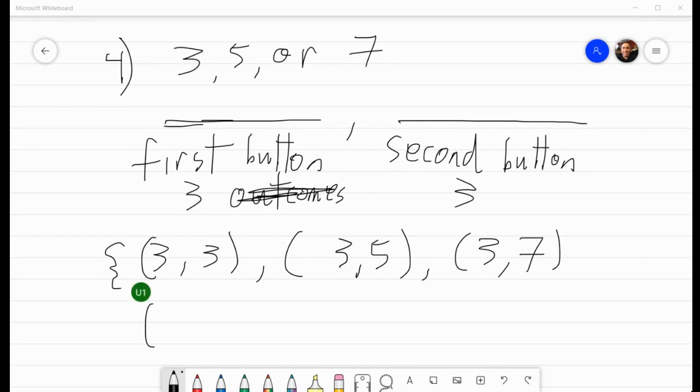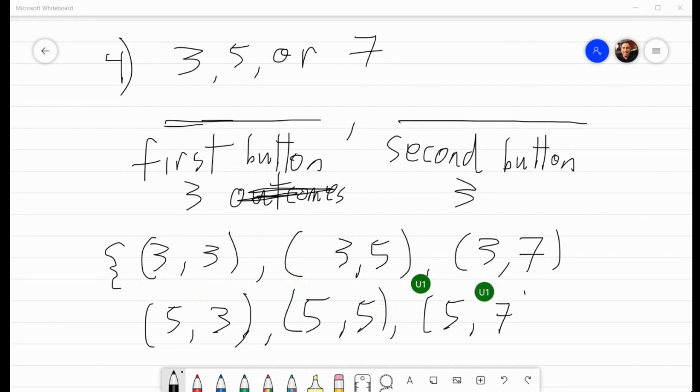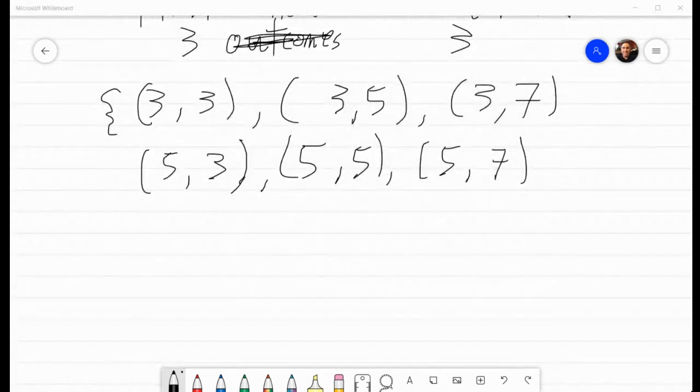What if the first number happened to be 5? Well, then we could have 5, 3. We could have 5, 5. And we could have 5, 7. I'm just listing all the outcomes. Again, the first 3 is when the computer gave us 3 as our first number; the second number, we can get back 3, 5, or 7.